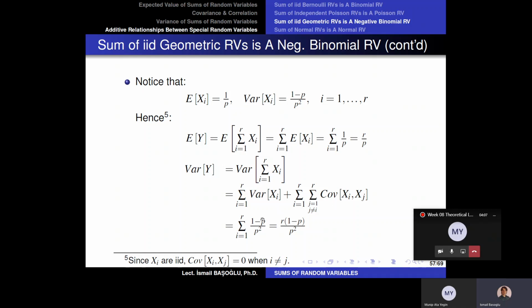Then we know that because these geometric random variables are independent from each other, these covariance values are going to be equal to 0, and therefore we are just going to sum up the variances of the geometric random variables, and the negative binomial random variable's variance is going to be r times 1 minus p over p square, as you can see here.